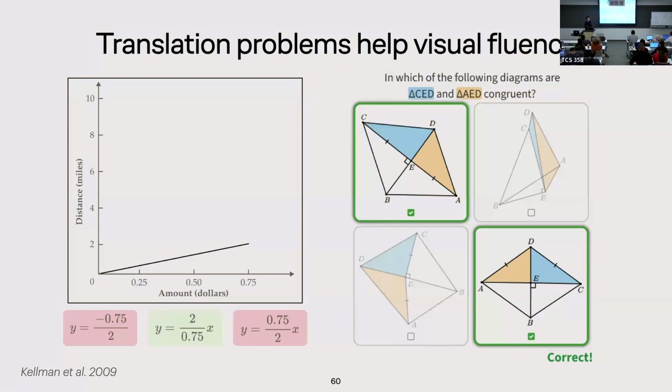And the cognitive scientists in past research found these so-called translation problems to be effective for improving students' visual fluency. And by fluency, I mean the ability to correctly map among words, symbols, and diagrams. And if students lack fluency and fail to map symbols to diagram, the diagram can't really help them solve a problem because that's the wrong diagram.